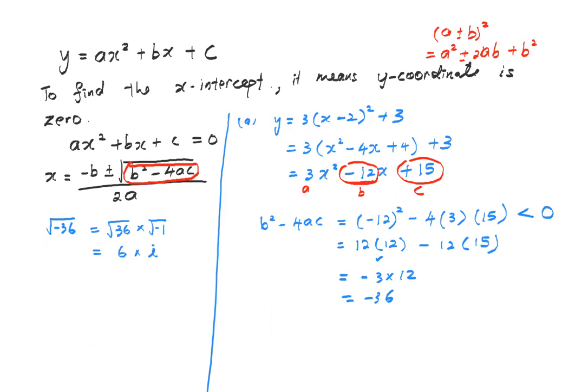Yeah. So this is an imaginary number. Imaginary number means not real. So this is 6i. So it's not real.